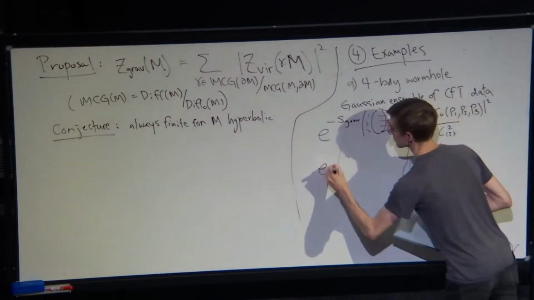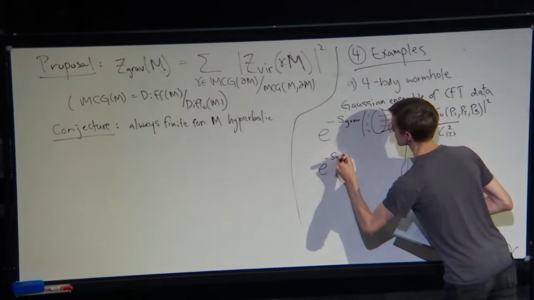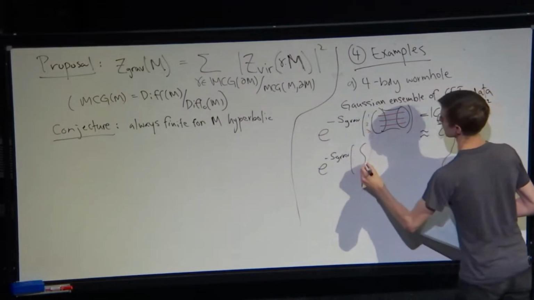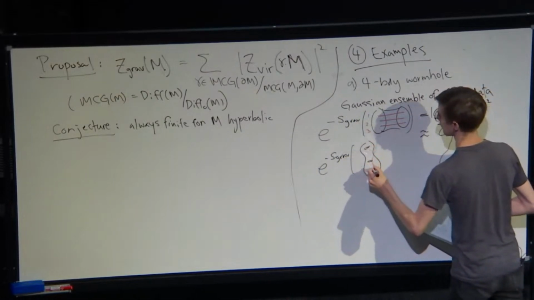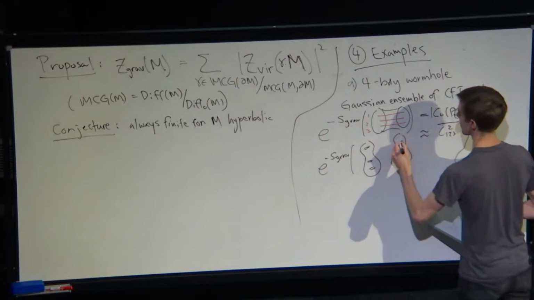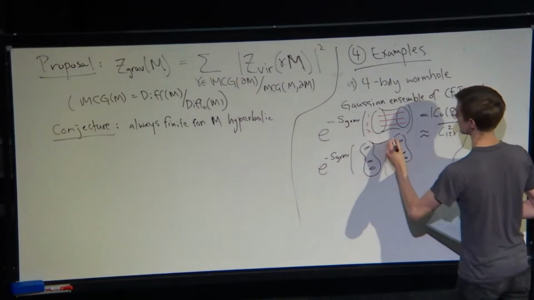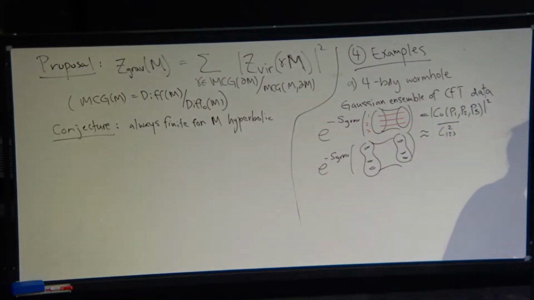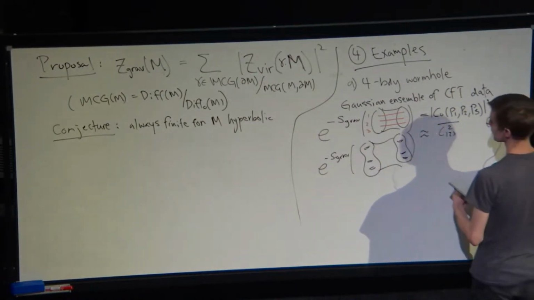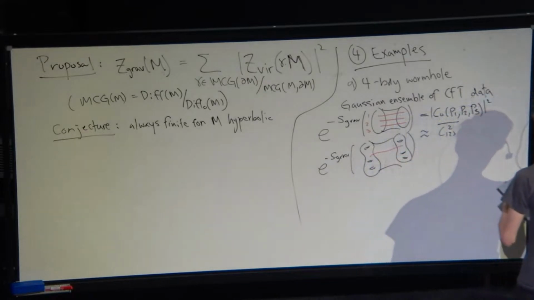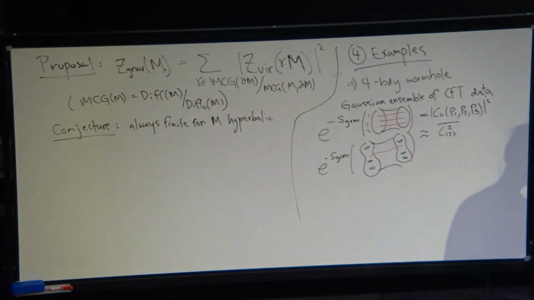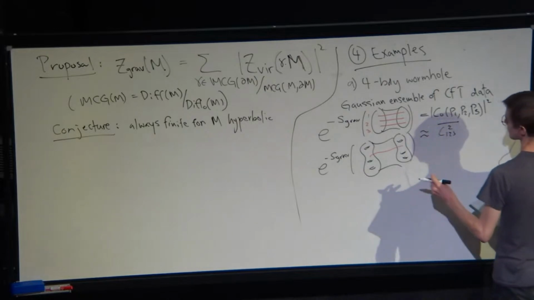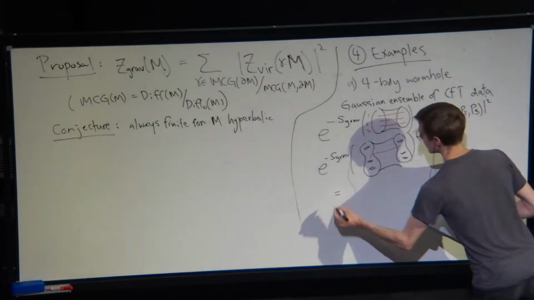You know, you could compute more general things. Let's say there's some external operators. So this was computed, and it was shown.